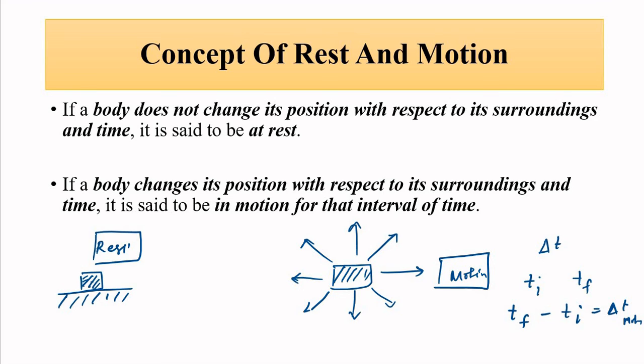Similarly, when you say that an object is in motion, you have to say what kind of motion it is, absolute or relative, along which direction, one-dimensional, two-dimensional, three-dimensional, and whether it is rotational, translational or oscillatory. There are different ways in which you have to specify. So these are some of the basic concepts related to rest and motion.